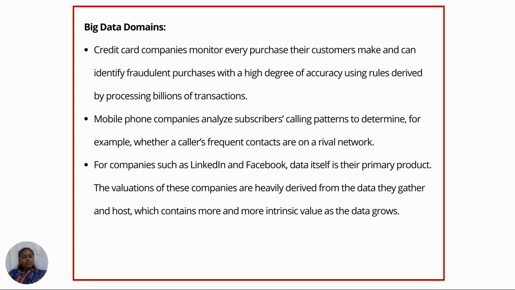Nowadays, every person is purchasing and making transactions with the help of credit cards. In order to find fraudulent purchases, a high degree of accuracy is maintained by each and every banking sector. So that is a very big domain of big data.